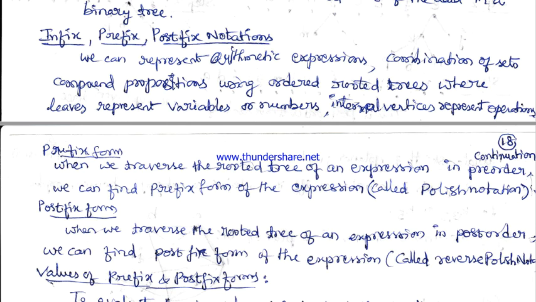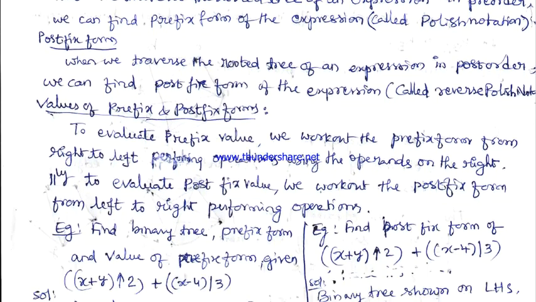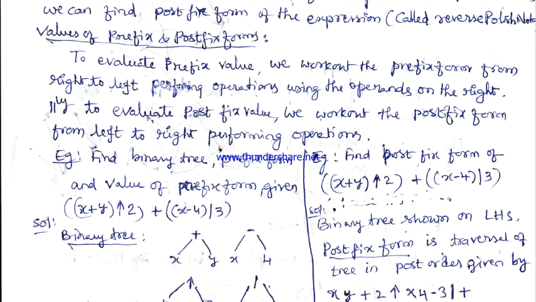Similarly, if the rooted tree of an expression is traversed by using the post-order technique, then the corresponding postfix form of the expression can be found. This postfix form of the expression can also be called reverse Polish notation. Now let us see how to find the values of the prefix and the postfix forms.